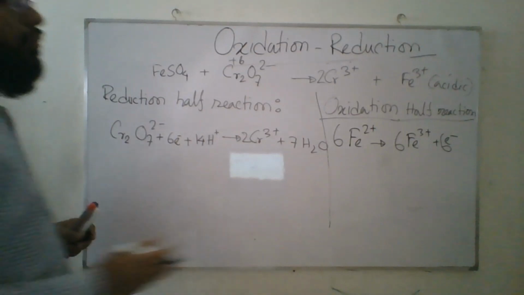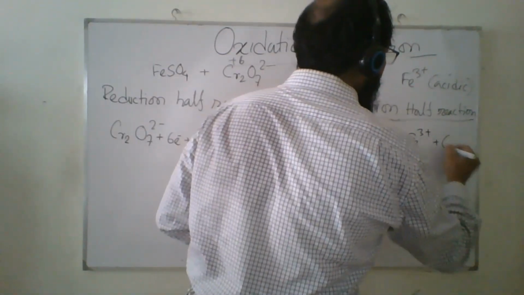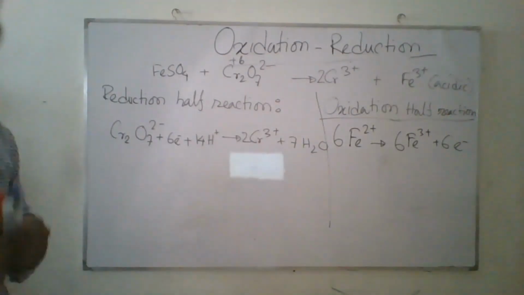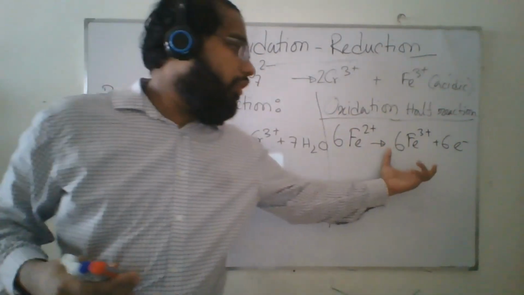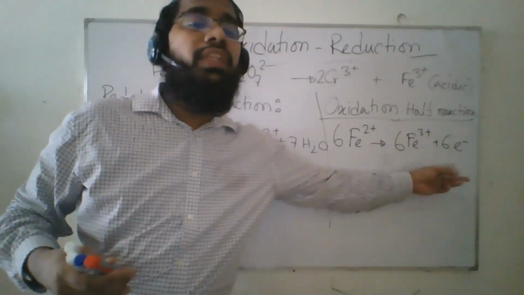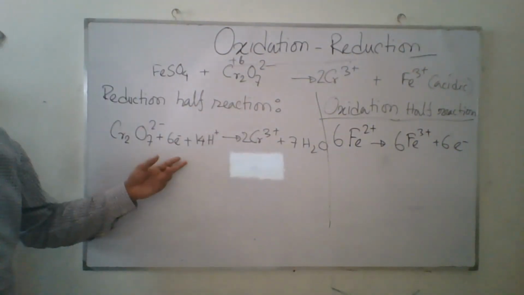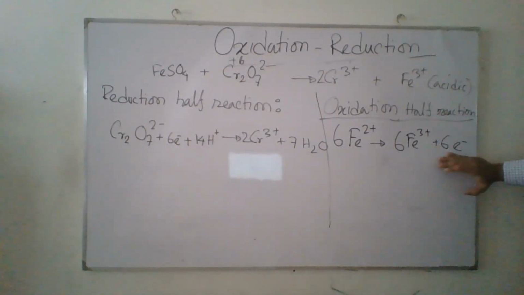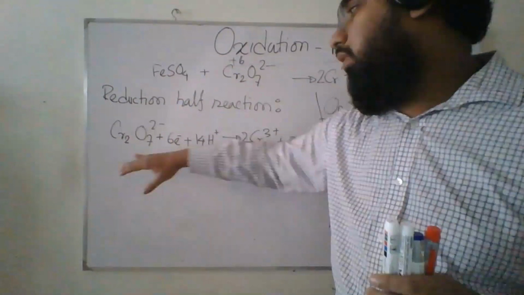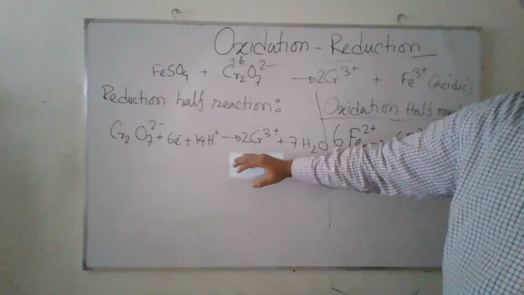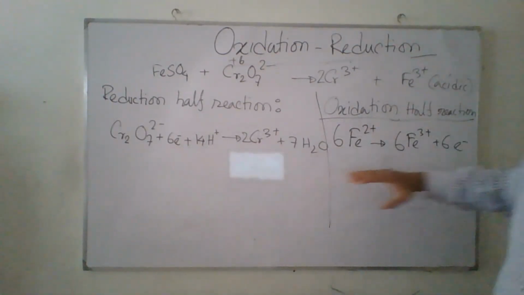Now we have an equal amount of electrons, because we know that during the oxidation reduction reaction, the oxidation half reaction should provide the equal amount of electrons necessary for the reduction half reaction. If it is impossible to donate a similar amount of electrons, then it is impossible to continue the reaction. So that means these 6 electrons basically help this dichromate to be reduced, and an equal number of electrons is ensured.